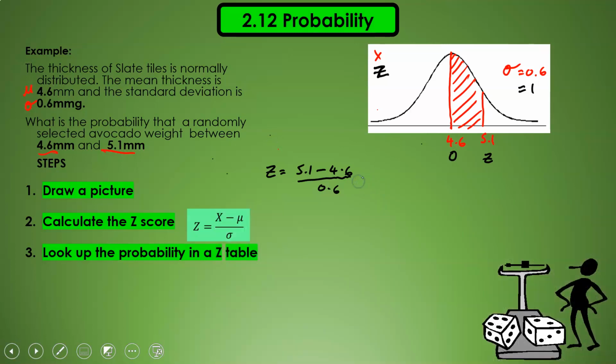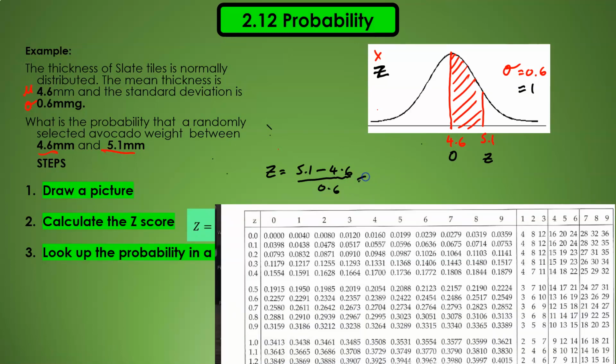We calculate the answer. What we get is 0.833. And obviously the 3 is recurring, but because we've only got a chart that does 3 decimal places, we should round to 3 decimal places.